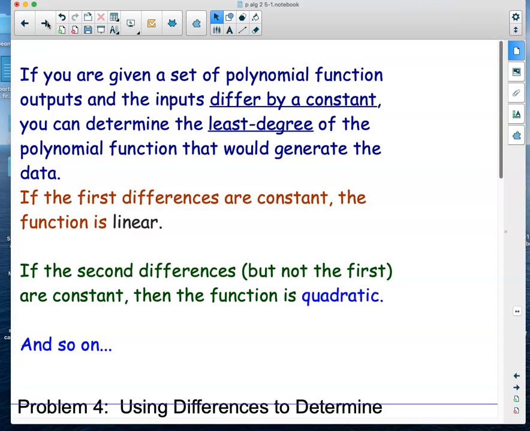We're trying to figure out what type of polynomial we could write that would work for these points. If we have to do it again, but then they're all the same, we'll call it a quadratic. If we have to do it again and they come up the same, then it'll be a cubic, and so on and so forth.